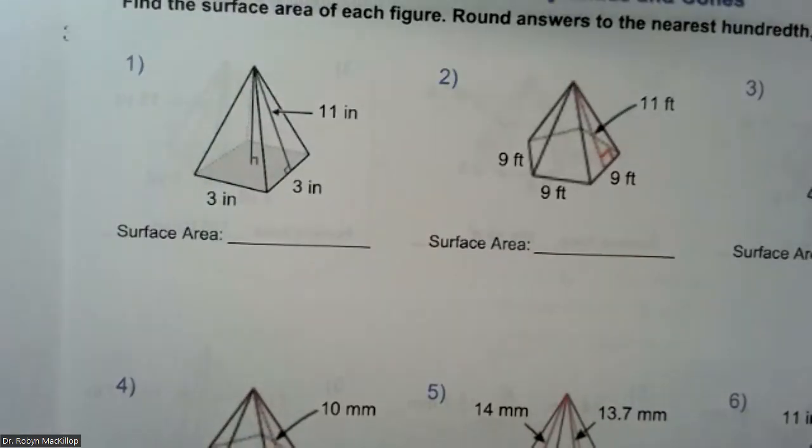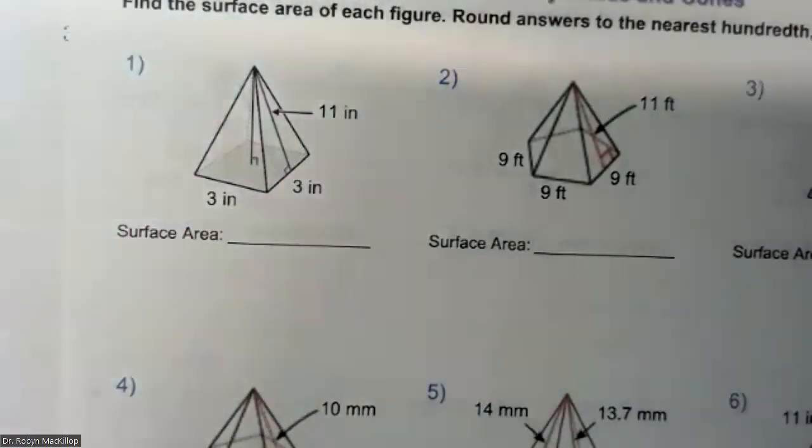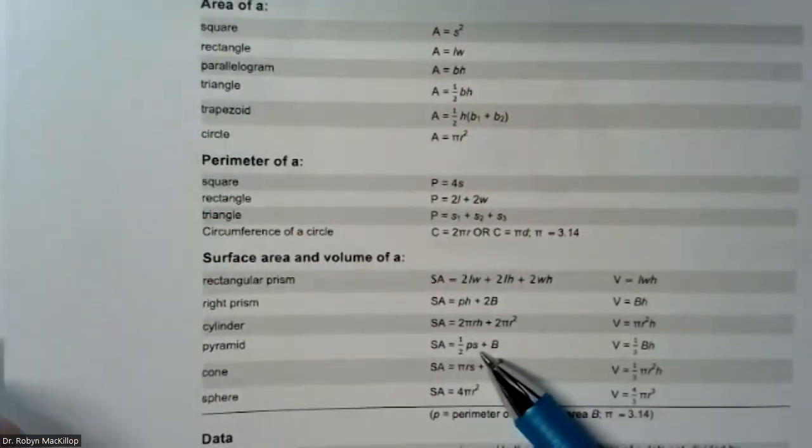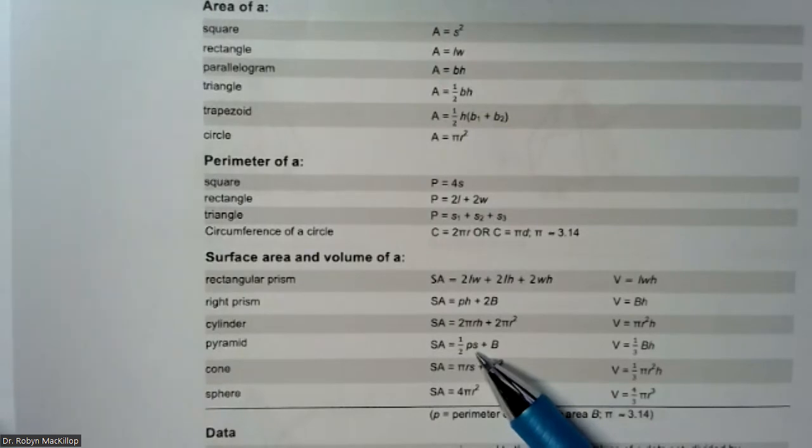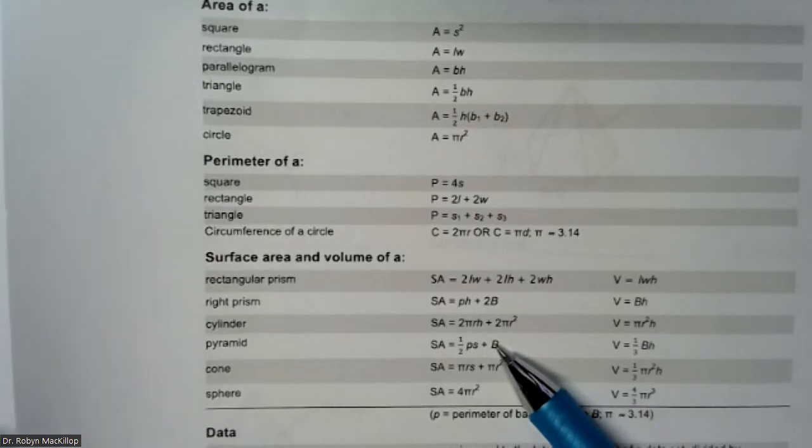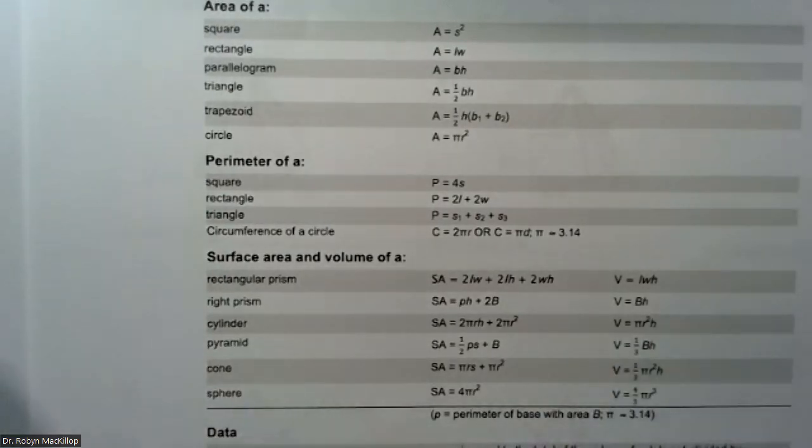So surface area of a pyramid is 1/2 times perimeter times side plus big B. Now that is a formula, right? It's got all the little tricky ones all in one formula.